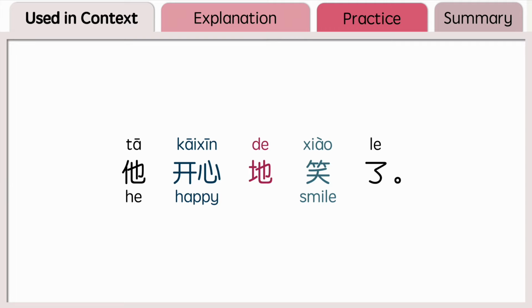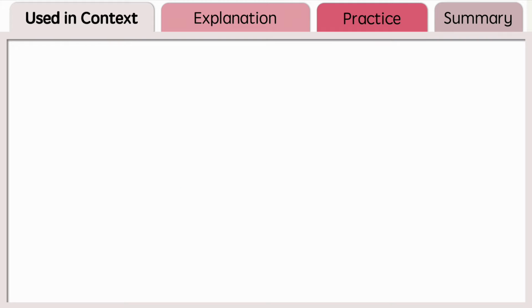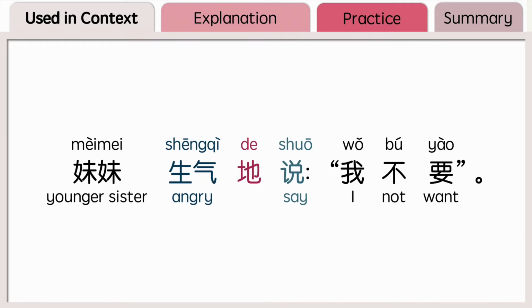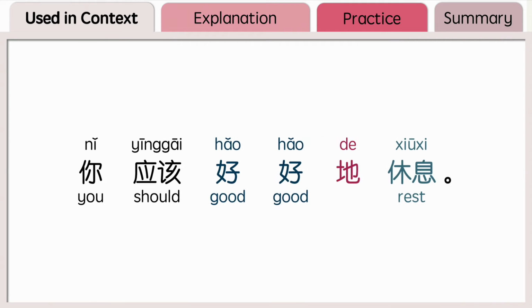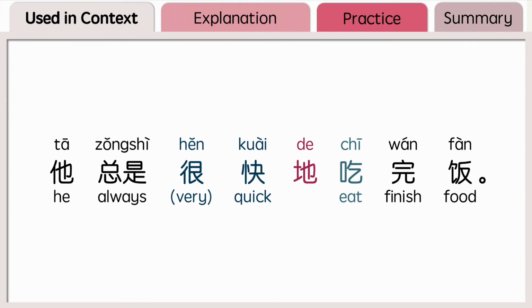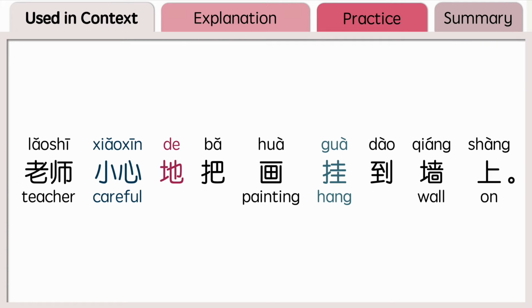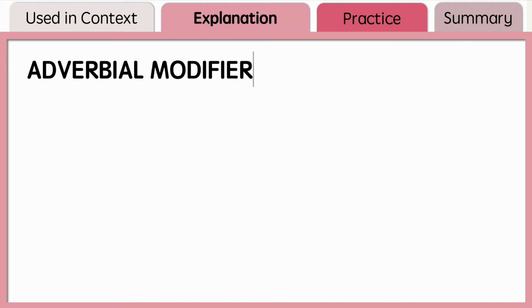他开心地笑了。他伤心地哭了。妹妹生气地说：“我不要。”你应该好好的休息。他总是很快地吃完饭。老师小心地把画挂到墙上。Adverbial modifier the is often used to turn an adjective into an adverb in order to modify the subsequent action verb.